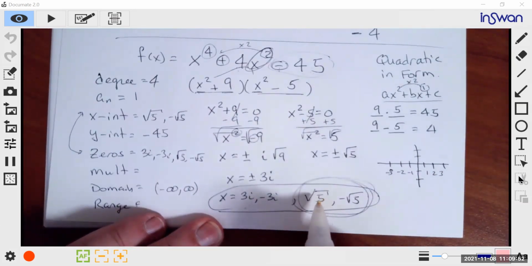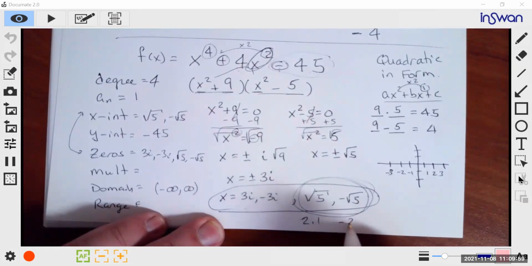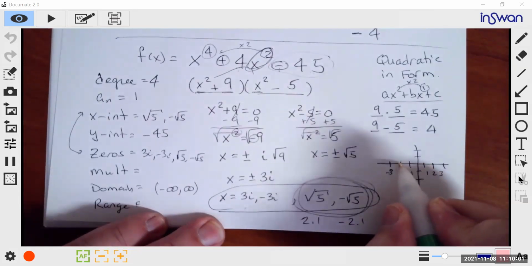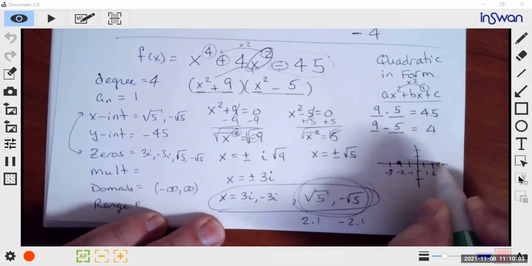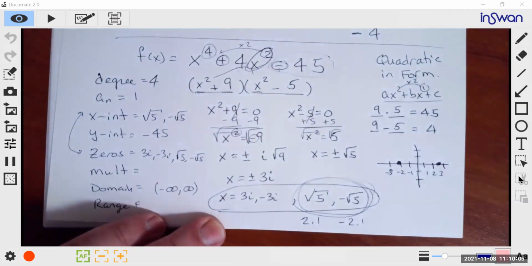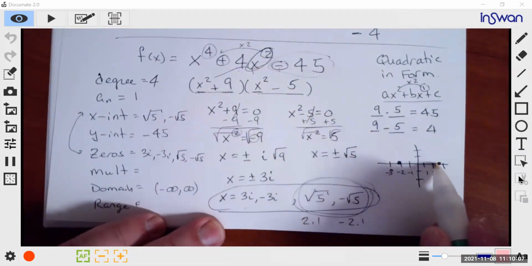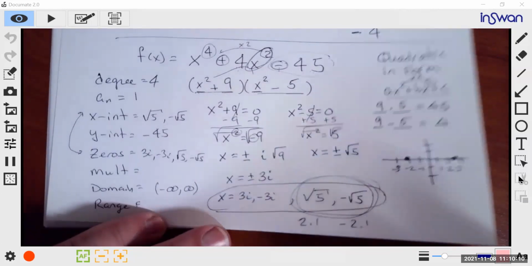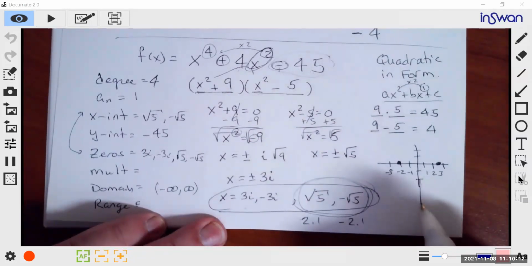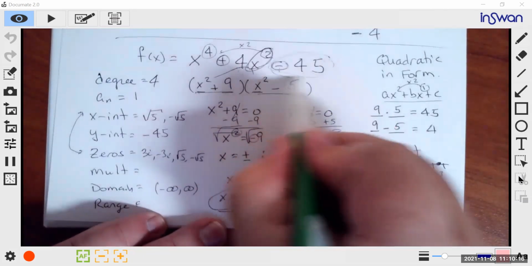Radical 5: the square root of 4 is 2, the square root of 5 is a little bigger. So let's say it's 2.1, negative 2.1. So the x-intercepts are 2.1 and negative 2.1. The y-intercept is at negative 45. It's the constant.